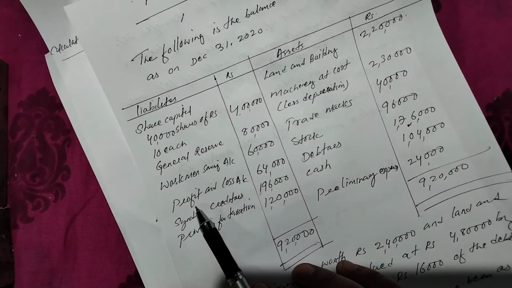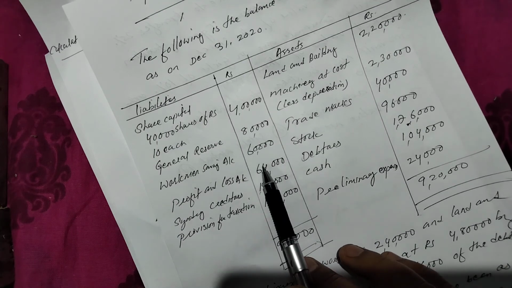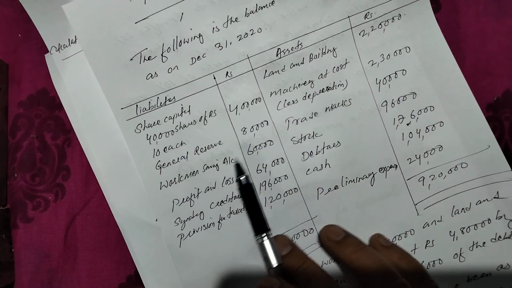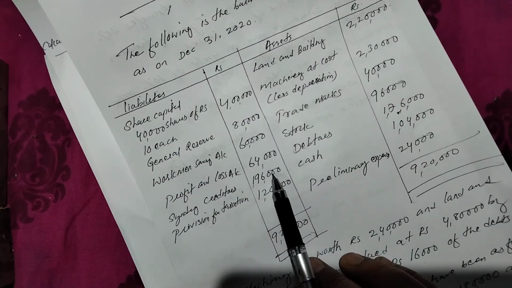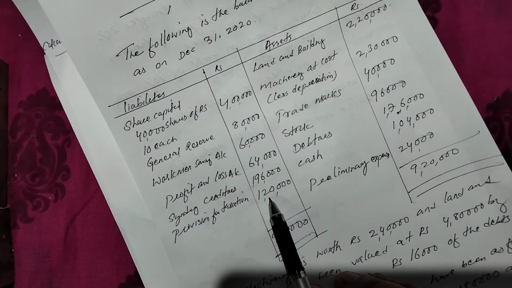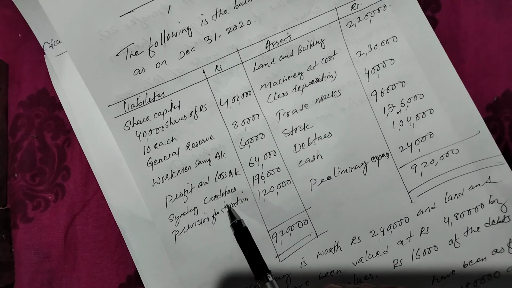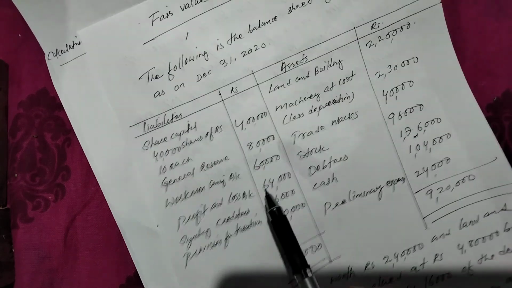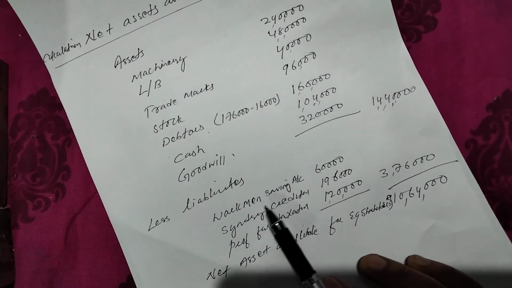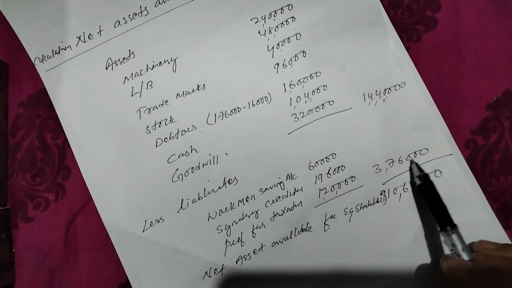You need to deduct this. Profit and loss account comes under shareholders, so this is not a third party liability. All the third party liabilities you need to deduct: workman saving fund, sundry creditors, and provision for taxation are third party liabilities. So we have three things to be deducted: sundry creditors, provision, and workman saving fund. When you total these, it will be 3,76,000.